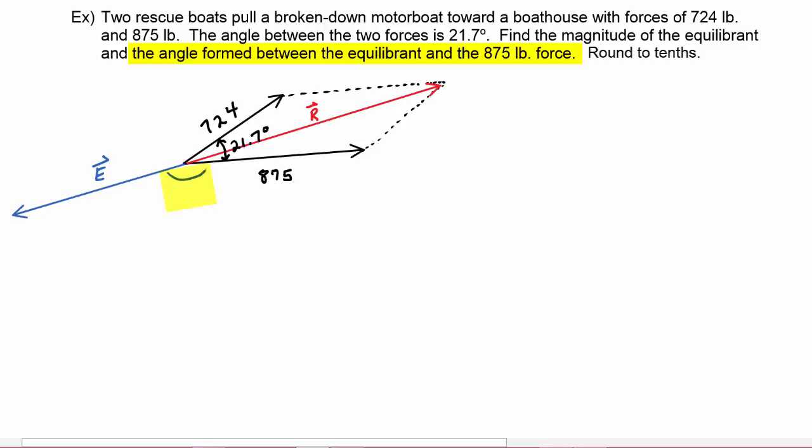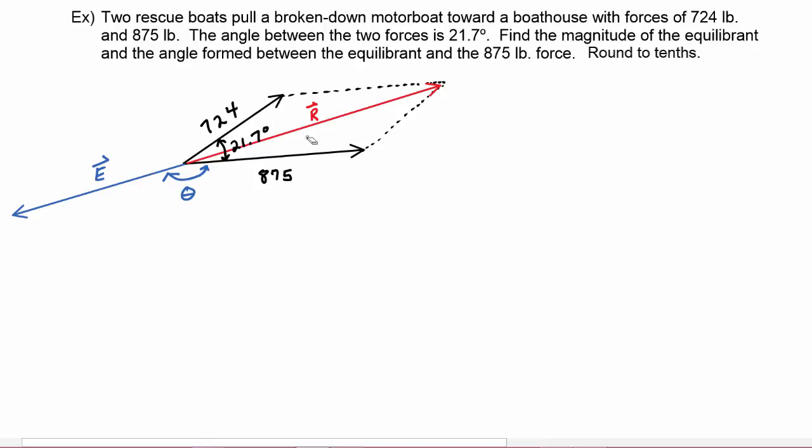So we will have to find that angle. We need to get some triangles going here, and we know that the diagonal, which is the resultant, divides the parallelogram into two congruent triangles. So we could use either triangle. Doesn't matter if we want to use this one or if we want to use this one.